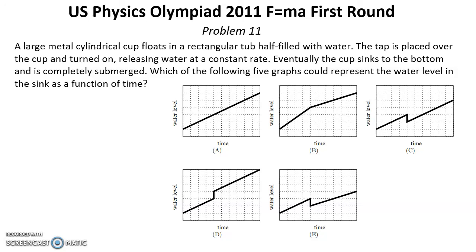So the level of water in the pipe will drop instantly. But after that, the speed of filling will be the same as before when it floats. So the only possibility here is case C. Here we have constant speed, then an instant drop of the level, and after that it goes with the same speed as before. And this is the only possibility.